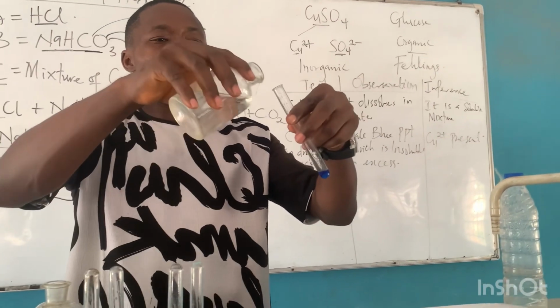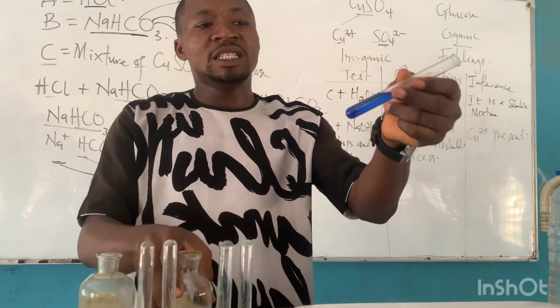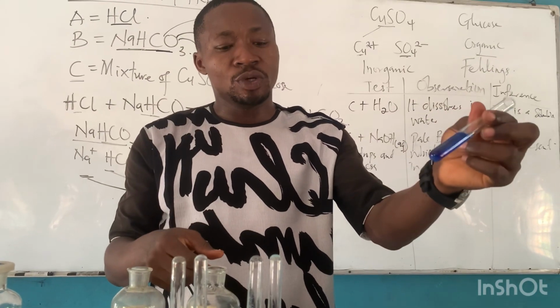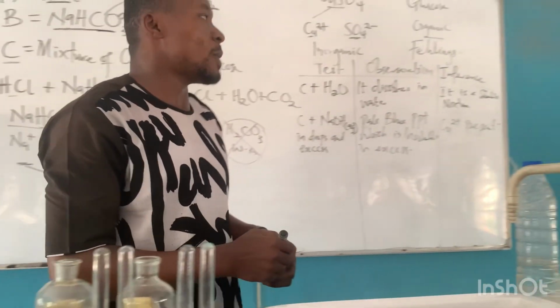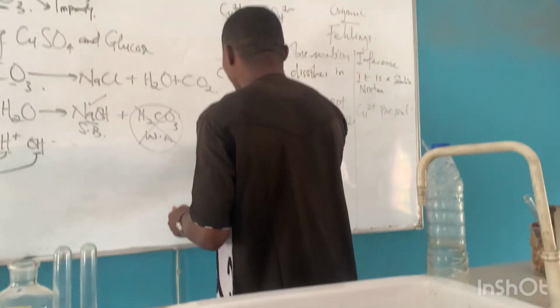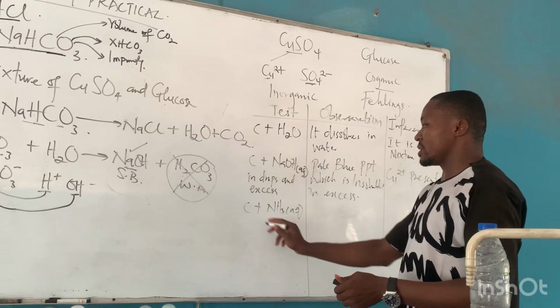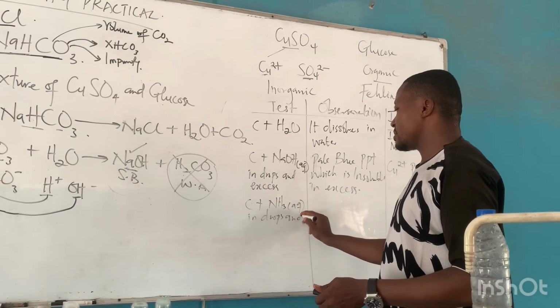Then when you put in excess, it dissolves to form a deep blue solution. So when it gives us this deep blue solution, that means copper has been confirmed. So C plus ammonia, don't forget, ammonia is also aqueous, in drops and excess.